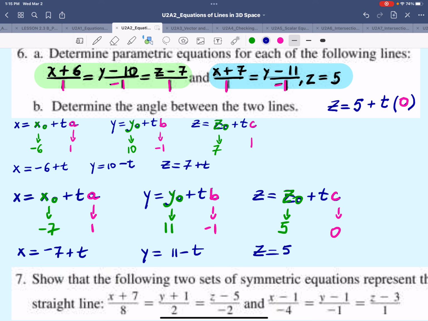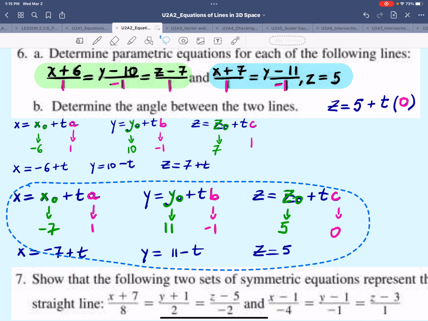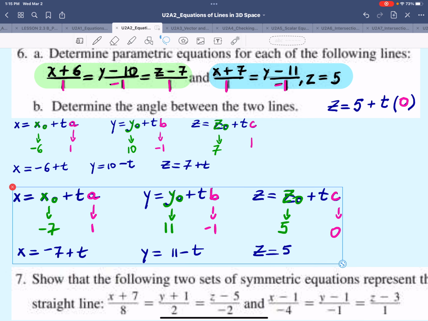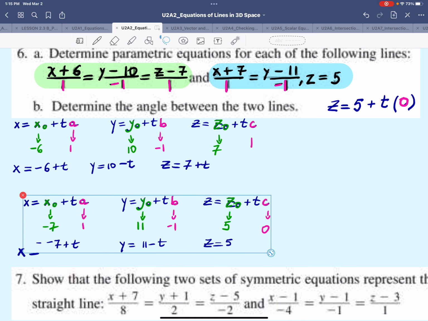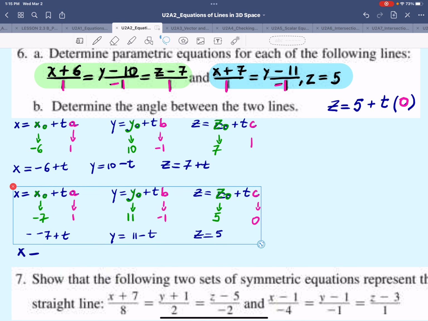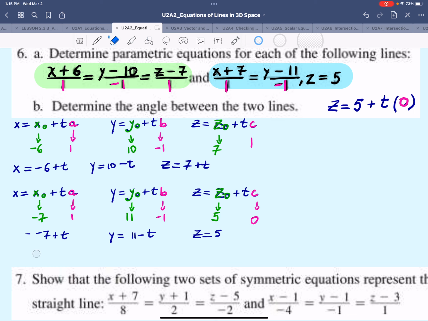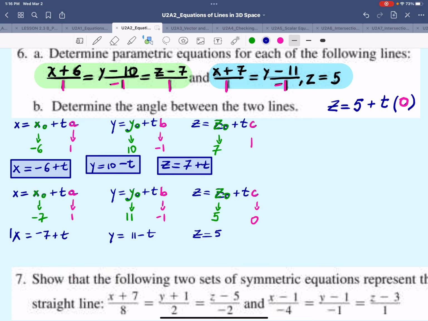So these are the parametric equations of each respective line. We're going to make the sizes similar to organize the work. And let me highlight all the findings very quickly. So first, second, and third parametric equation. And these are for the second line here.